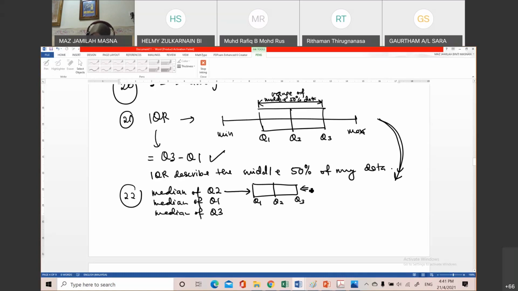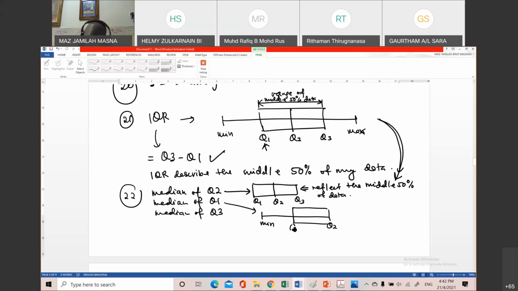It reflects the middle 50% of data. Right. What about Q1? Where's Q1? Here's Q1. For Q1, we are talking from the minimum to the Q2, which is half of the box.